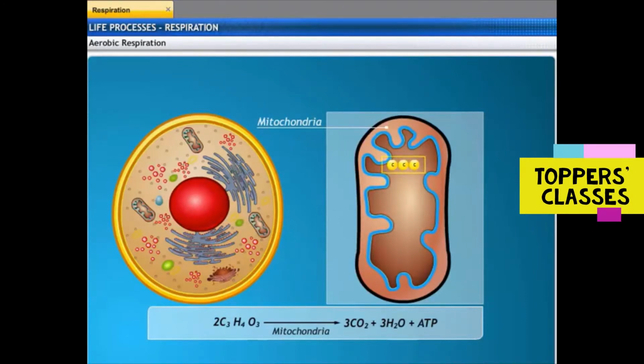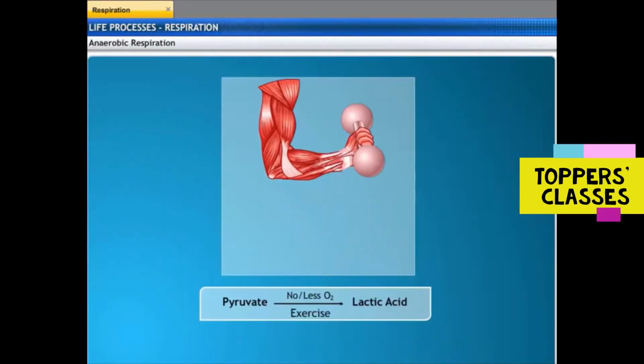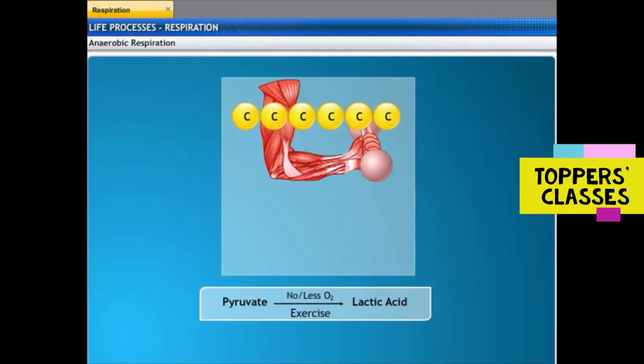In this process, the pyruvate molecule that contains 3 carbon atoms is broken down into 3 molecules of carbon dioxide and 3 molecules of water. Sometimes our muscle cells may not have enough oxygen.